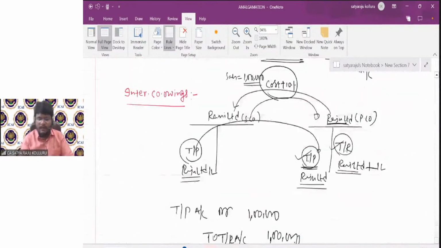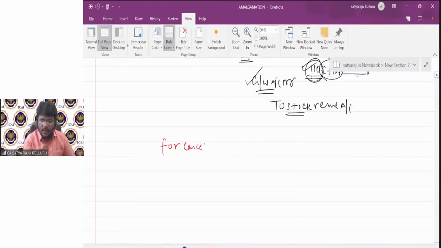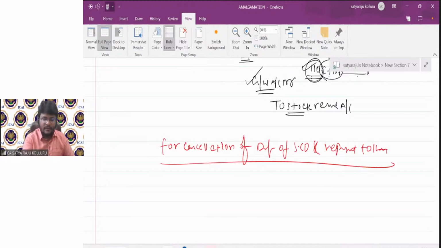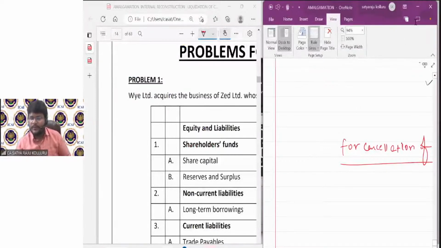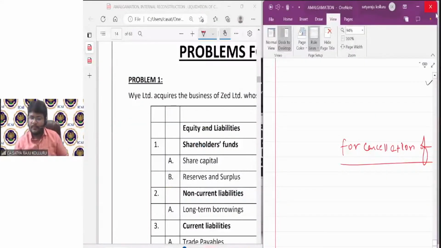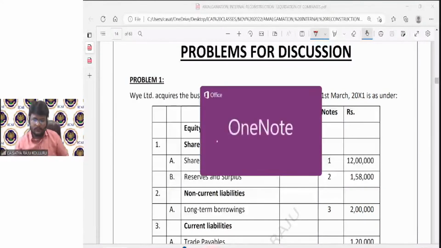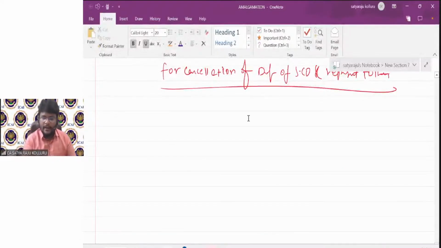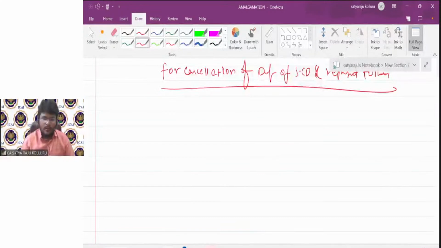That means for cancellation of debentures of the selling company and repayment to them, the journal entry is: debentures of selling company account debit.